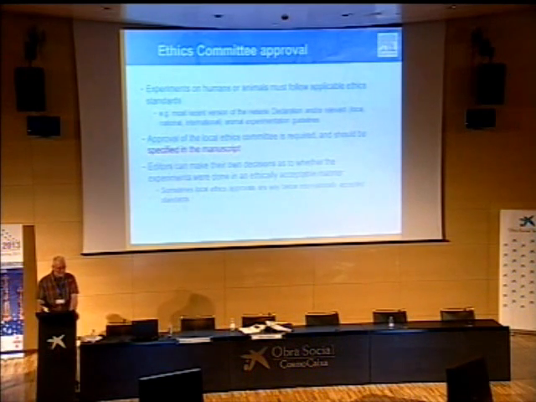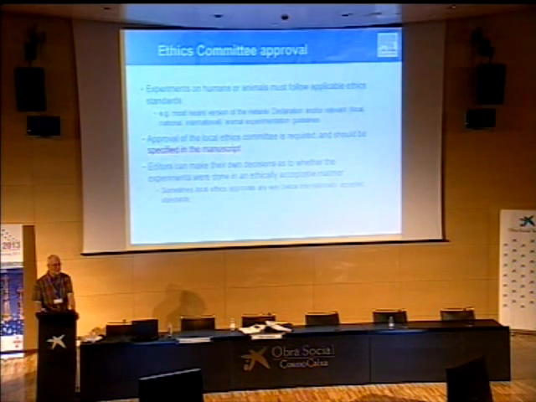So obviously, you all know that experiments on humans and animals have to comply with ethics standards, and there's a variety of different criteria out there, and virtually all, although surprisingly not all, universities have their own ethics committee. It's important that the authors include in their manuscripts, or at the very least in their letter to the editor when they submit an article, that their study has been approved by the ethics board.